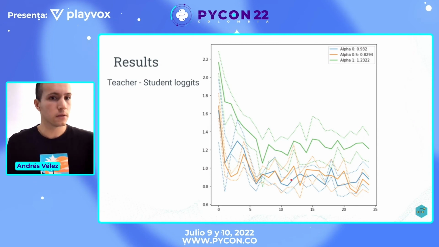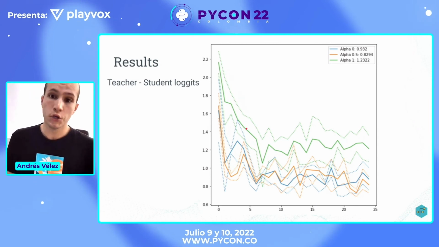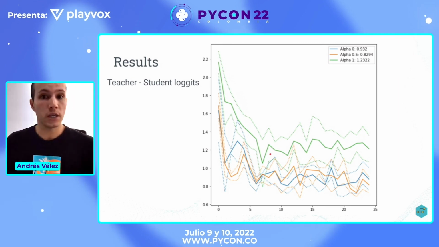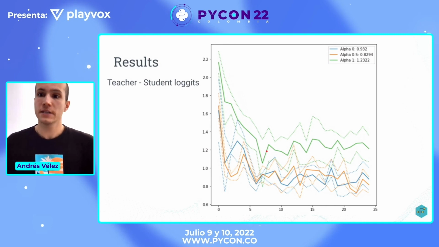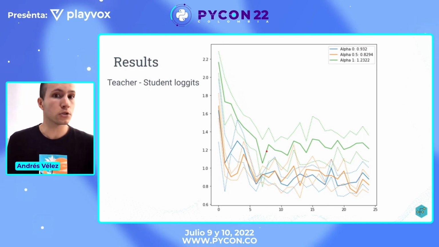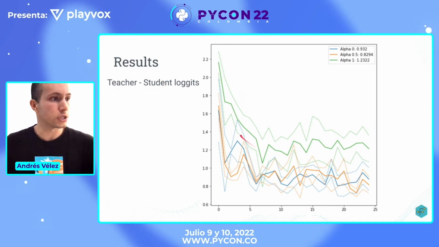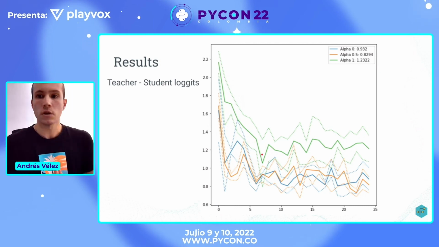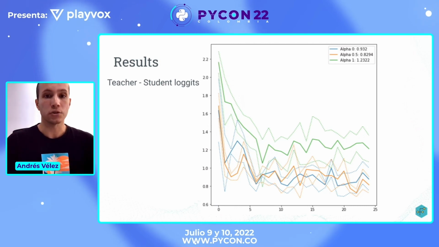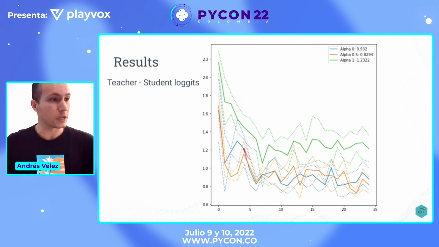On the contrary, when we use an alpha equal to 1, the illustration shows us that there is no process to mimic the teacher logits. They are two different ways. Also, it can be inferred from this that the parameter distribution explores other regions, bringing different local parameter minima.